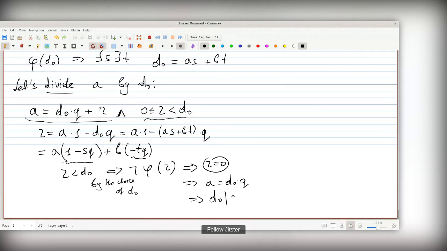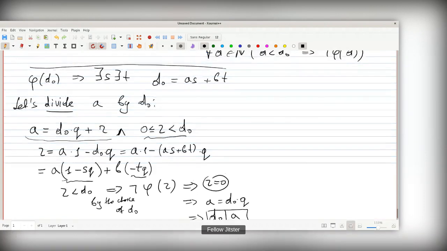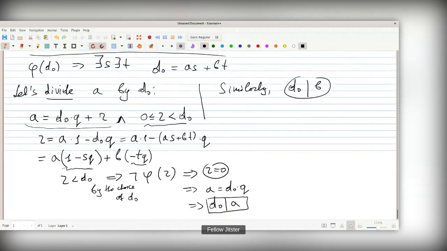So D0 divides A. And we can repeat the same argument, but for B. Similarly, we can obtain that D0 divides B. D0 divides A. D0 divides B. Hence, it is a common divisor. D0 must divide the greatest common divisor of A and B, which was 1.